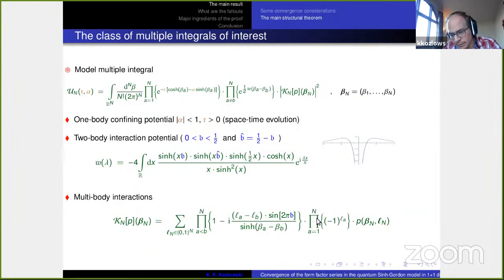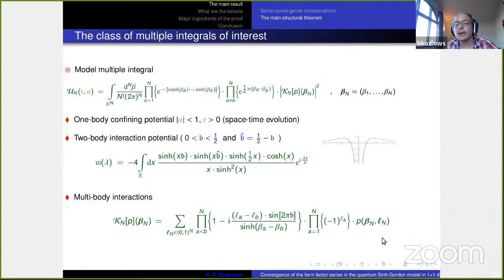There is some sign prefactor, (-1)^{l_a}. Then there is some combinatorial factor which couples all the integration variables. It has a pole at beta a equals beta b, and some dependence on the parameter b. And this multi-body interaction also involves some function p, which depends on the integration variables beta n and summation variables l_n.